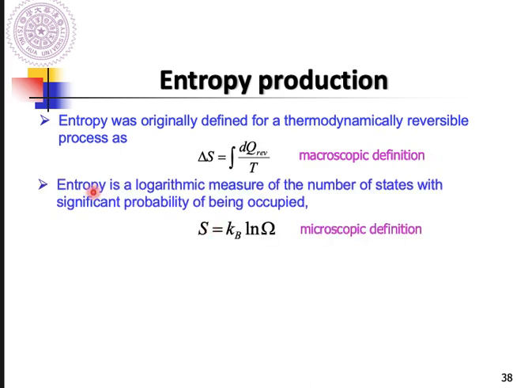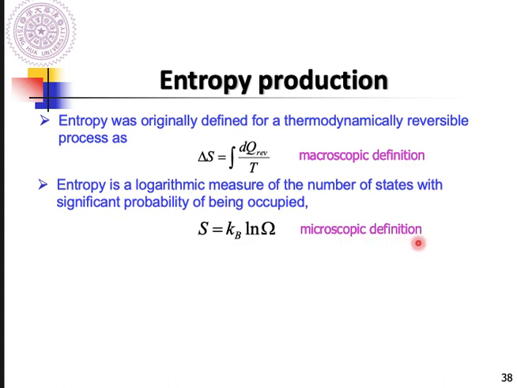And statistical thermodynamics tells you that the entropy also equals k_B, the Boltzmann constant, times the log of omega, the number of combinations. And since we talk about combinations, this description of entropy is a microscopic definition.